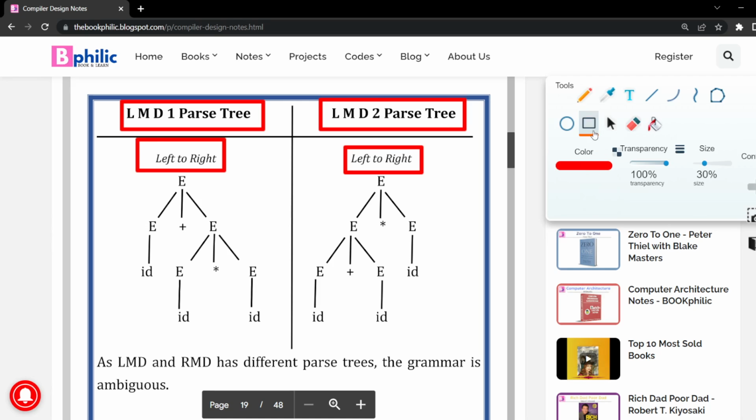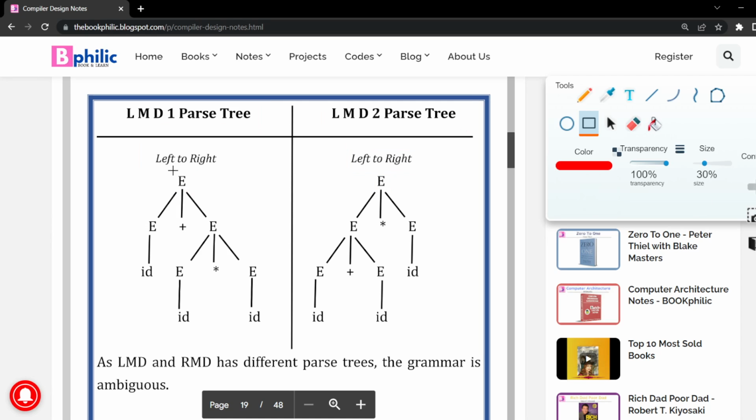From the given grammar we will be deriving the first E, that is the start symbol. That's why we have written in our definition that the start symbol is nothing but the root node of the tree, from where the tree starts growing.